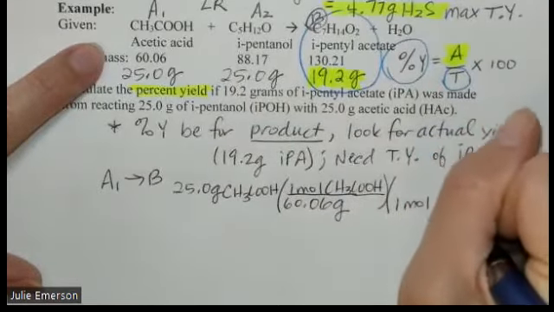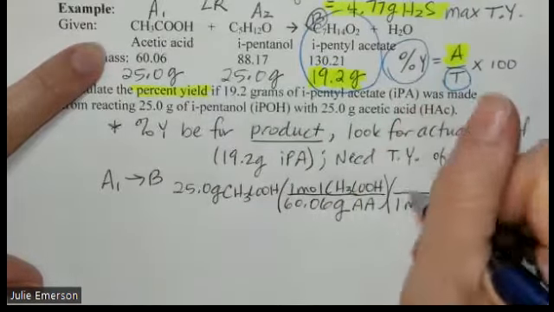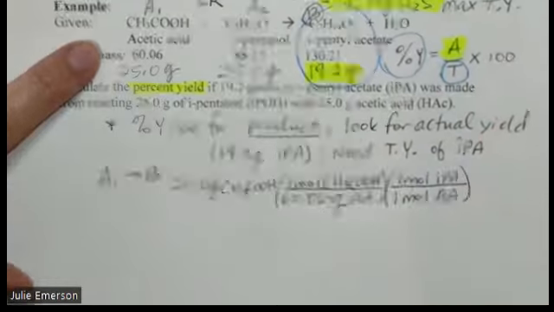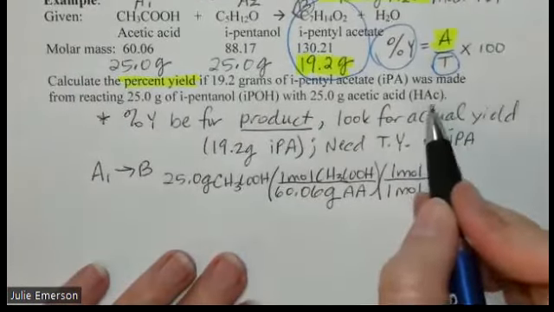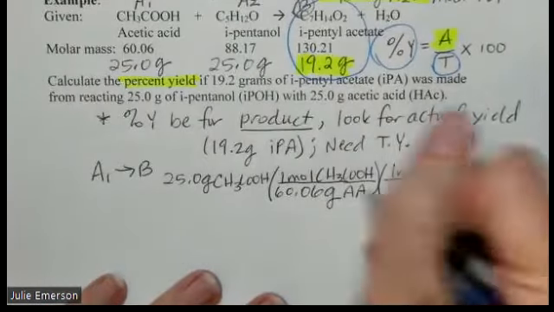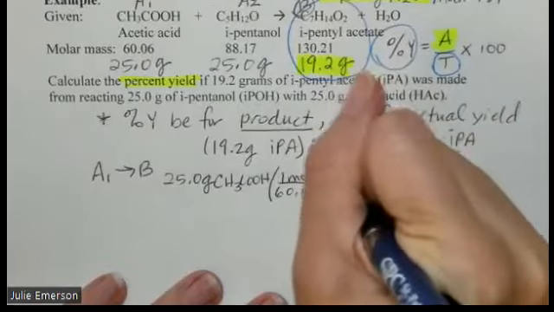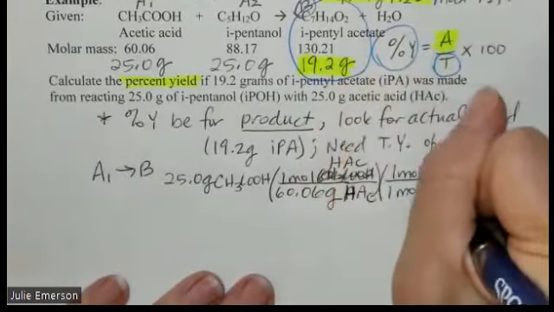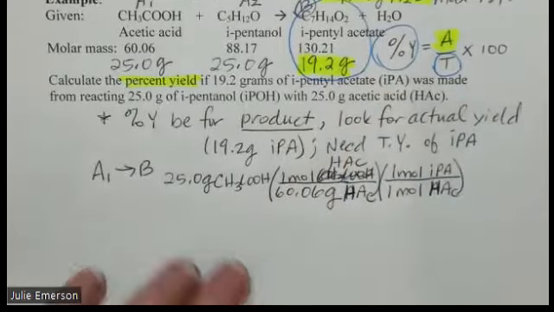So 1 mole of acetic acid goes to 1 mole of the ipentyl acetate. Oh, I should have used HAC because that would have matched what I had here. So we'll do that. HAC, sorry, and this is HAC, and this will be HAC. And that'll match what I have up here in the question.